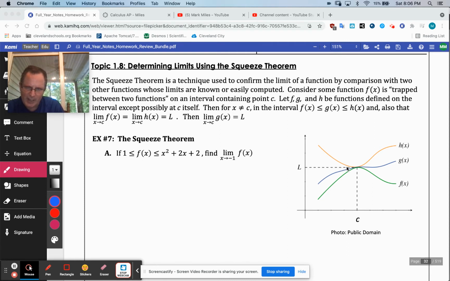But if h of x and f of x come together, g of x is always between them, so he's got to go right through that little gap, squeezed in between them. That's the reason for the name of the theorem. So his limit g of x has to be the same as h of x and f of x.